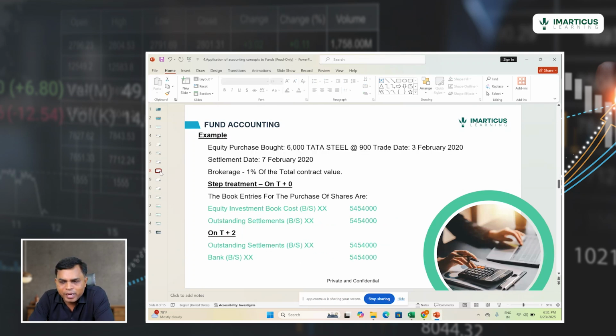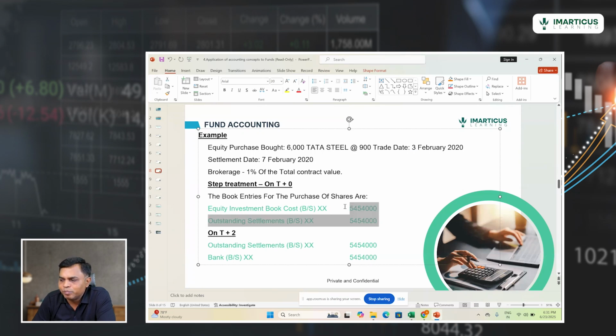Now let's apply this to a practical scenario. Let's say for an equity purchase, a fund buys 6,000 quantity of Tata Steel at the rate of 900 per share, and trade date is 3rd February, settlement date is 7th February. On the date of 3rd February, where the trade is booked, we will pass the entry as equity investments debit, and credit outstanding settlements because the trade is not settled.